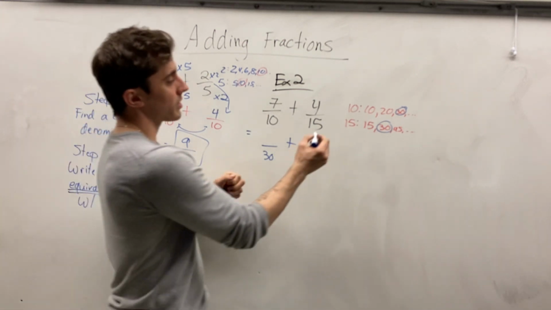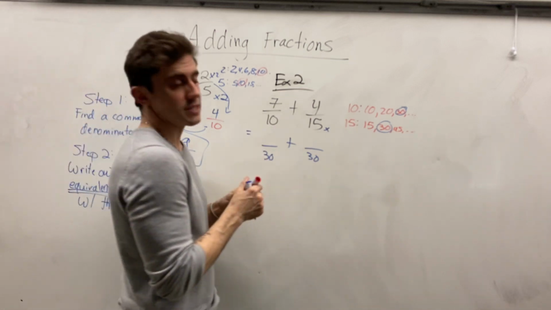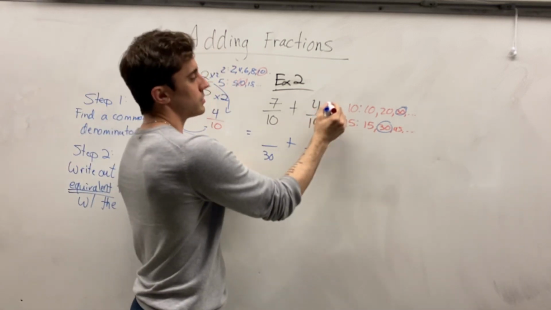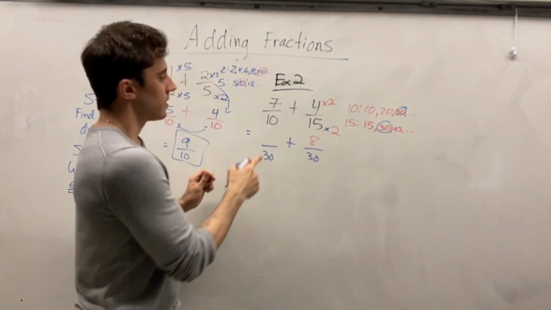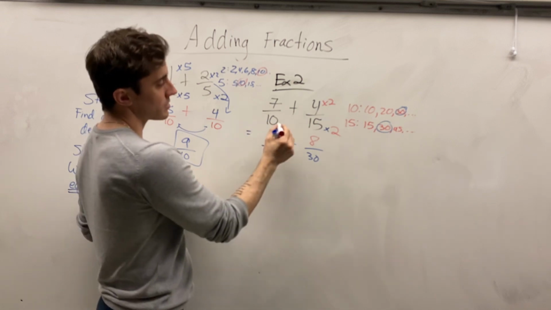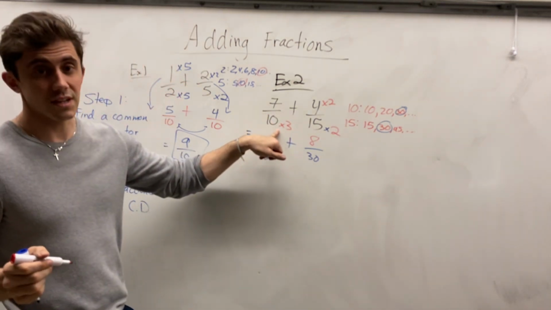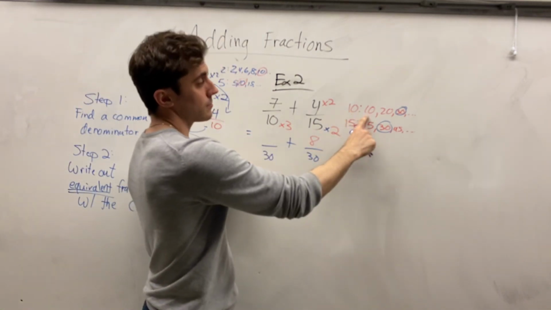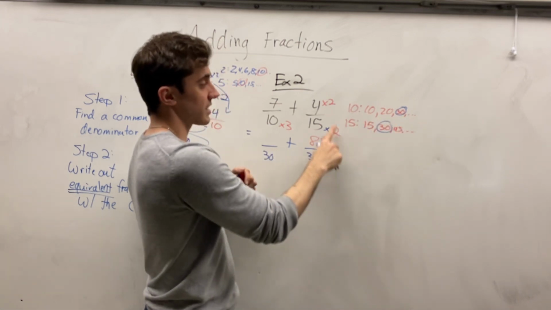And so now we want equivalent fractions, and so we think to ourselves, 15 times what brings us to 30? Clearly that's 15 times 2, and so to keep the fractions equivalent, we do the same thing to the numerator, and 4 times 2 gives us 8/30. Likewise to the 10, 10 times what brings us to 30? That's 10 times 3. If you've gone through the process of writing out the list of multiples, 10 times 3 gets the third number, and 15 times 2 gets us the second number, right?